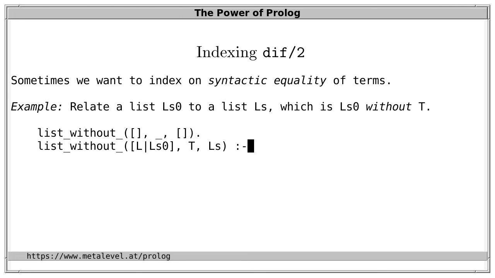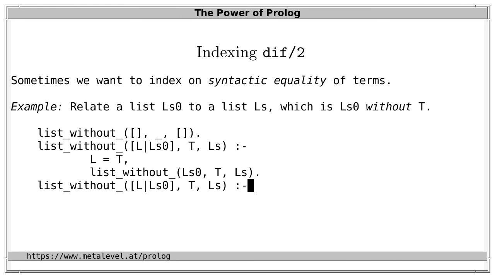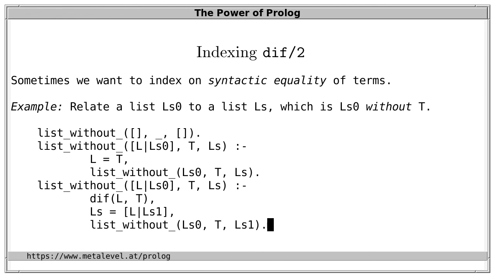And for a list with at least one element L and tail ls0, we have that ls is like the list in the first argument without t if L and t are equal, and ls is like the tail ls0 without t. And alternatively, the relation also holds if L and t are different using diff, and ls, just like the list in the first argument, has the head L, and the tail of ls is like the tail of the list in the first argument without t.